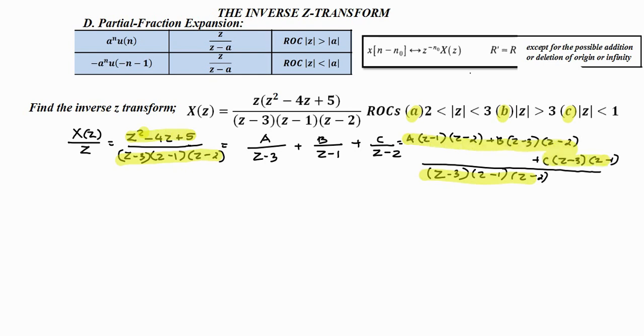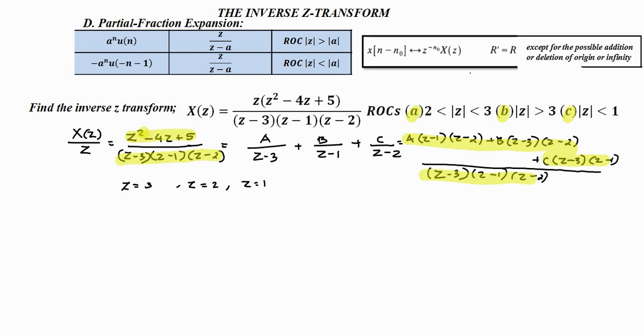We will only equate the numerator part, and when you equate the numerator part and substitute z is equal to 3, you will get one solution for this constant, and then z is equal to 2, and z is equal to 1, because z is equal to 3 is one root, z is equal to 2 is another root, z is equal to 1 is another root.